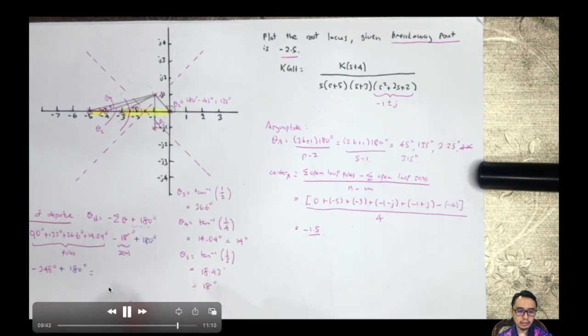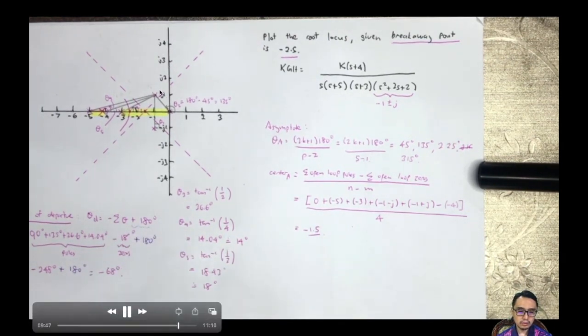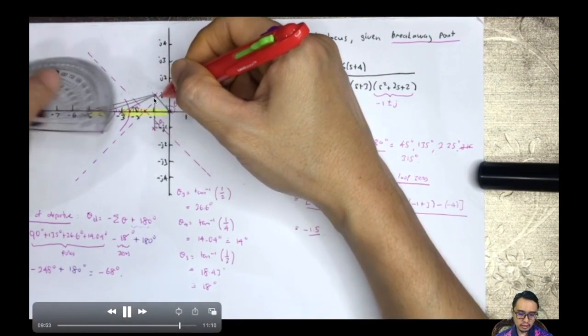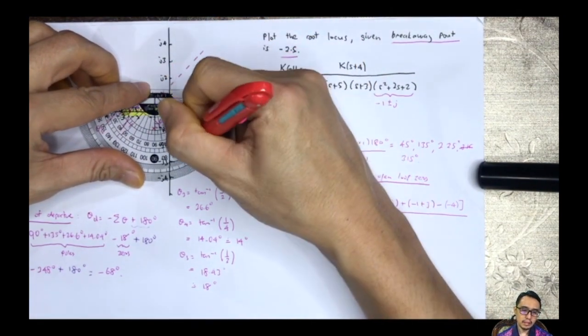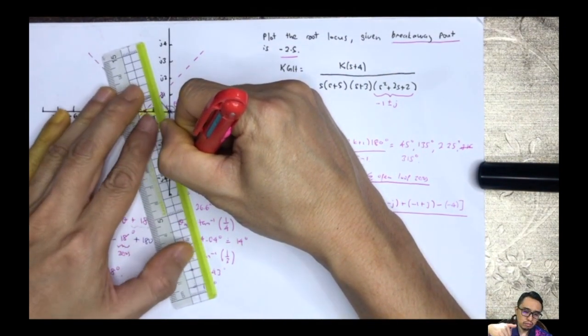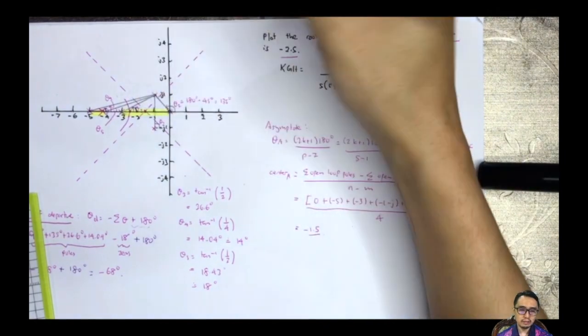And you will get a value here: minus 68 degrees. So going clockwise is minus. If you can mark the angle of minus 68 degrees roughly, it's going to go down first before going up again, approaching the asymptote.